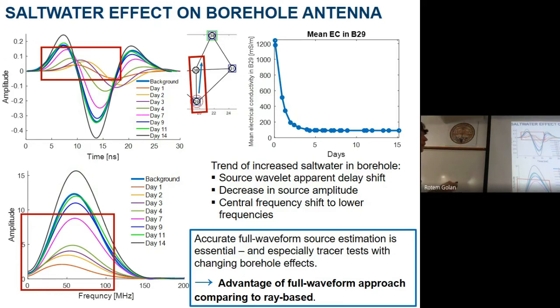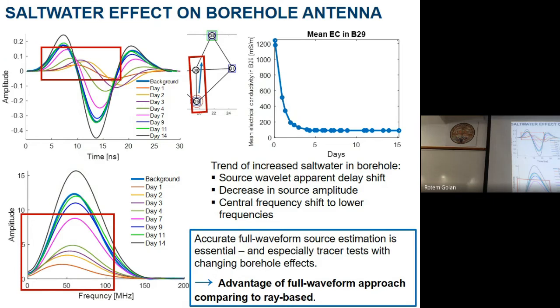What we found after we estimated the effective source wavelet is that we saw an apparent shift on these days, and also we can see in the spectrum that the central frequency was shifted to lower frequencies, and the magnitude is also lower when the salt is in the plane.